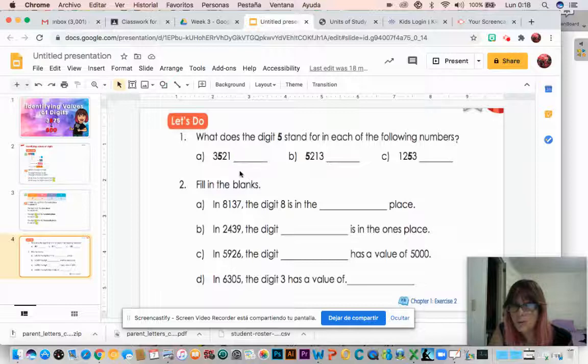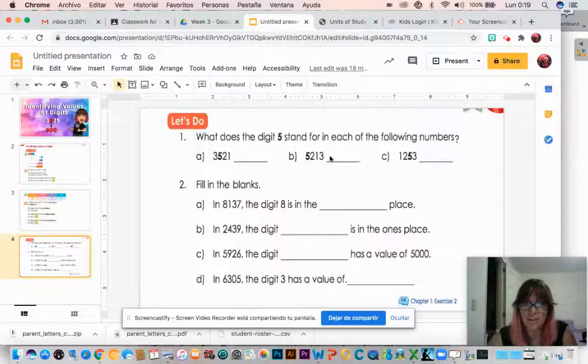As I told you, the 5 can be 5, 50, 500, or 5,000. So look where they put the 5 and write how much it equals.